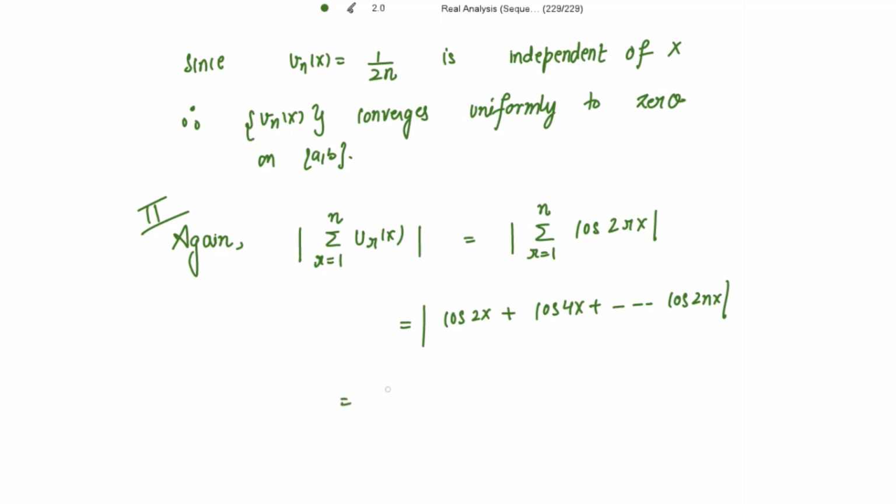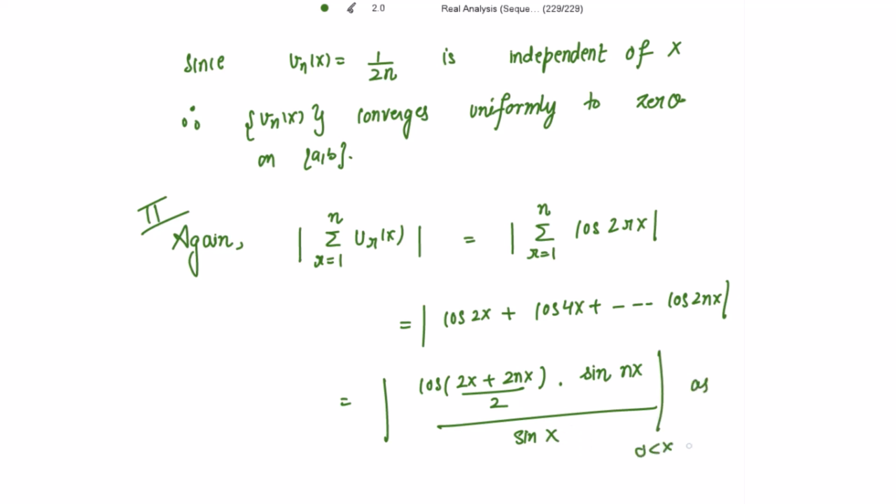And according to the formula we write this as cos of the first angle, 2x, plus the last angle, 2nx, divided by 2, into sine of 2nx divided by 2, that becomes nx, divided by sine of 2x by 2, that becomes x, and the mod, as x is greater than 0 and less than pi. The interval is given to us.